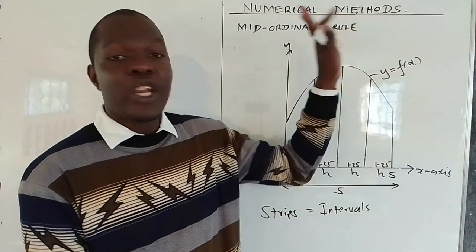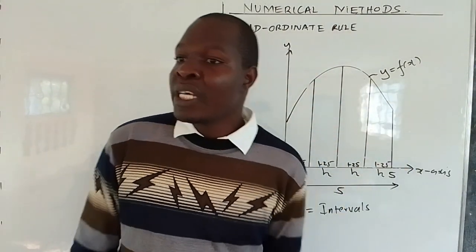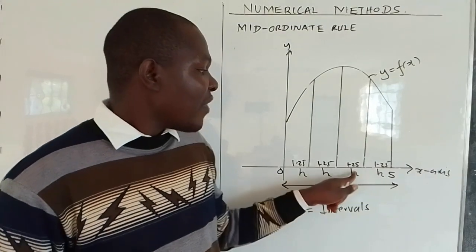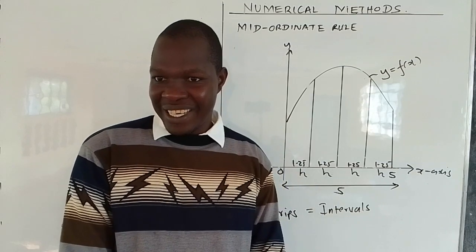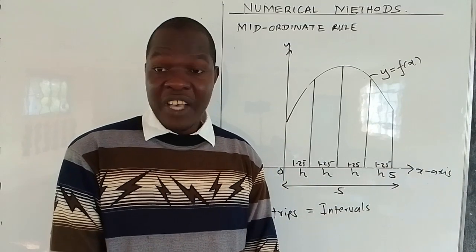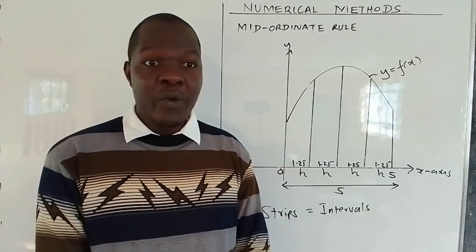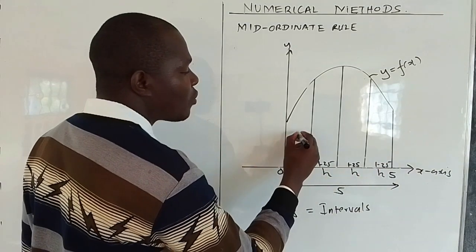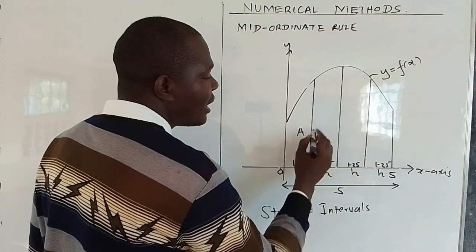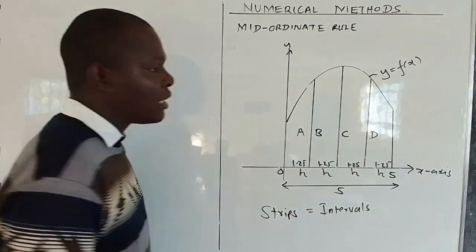Whether you are told to use mid-ordinate or what, one thing you have to know: how many intervals do I have, and what is going to be the width of each and every interval, the size of each interval, isn't it? That is the first step. Now the next step is to identify which rule I am using to get the area. In this case, I've divided into four equal parts. I can say this is part A, this is part B, this is part C, this is part D.